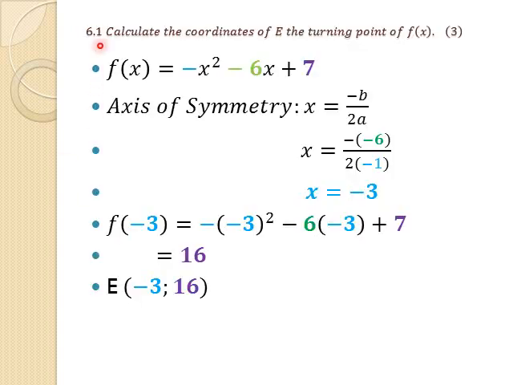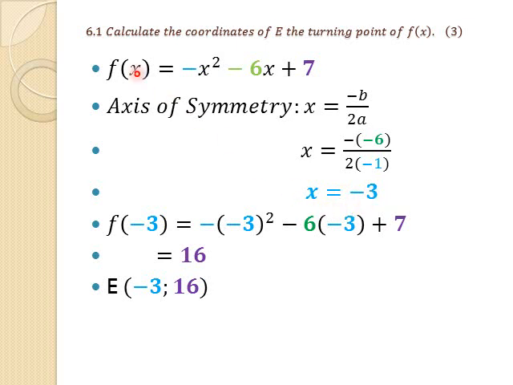Right. So to calculate the coordinates of E, the turning point, remember we have to find the axis of symmetry. The equation always reads x equals minus b over 2a. So x equals negative negative 6 over 2 times my a value, which is negative 1, that invisible 1. Negative times negative gives me positive 6. Positive 6 divided by negative 2 gives me x equals negative 3.